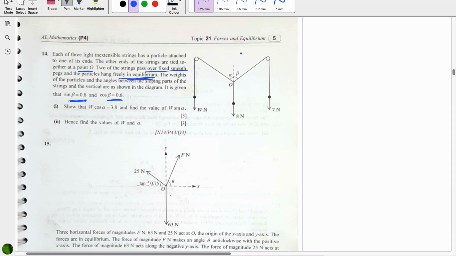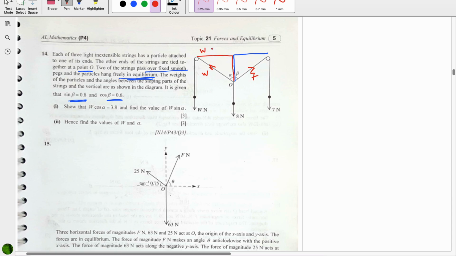So if I resolve these two, this 7 Newton string which passes over the pulley, vertically and horizontally, and this W newtons horizontally and vertically on the other side, this is exactly 7 newtons, this is W newtons, and we resolve them.